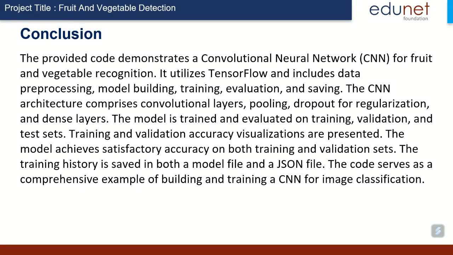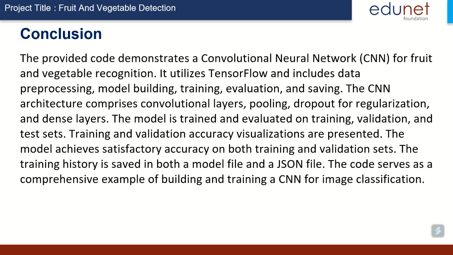The conclusion of the project is that the provided code demonstrates a convolutional neural network for fruit and vegetable recognition. It utilizes TensorFlow and includes data preprocessing, model building, training, evaluation, and saving. The CNN architecture comprises convolutional layers, pooling, dropout for regularization, and dense layers.